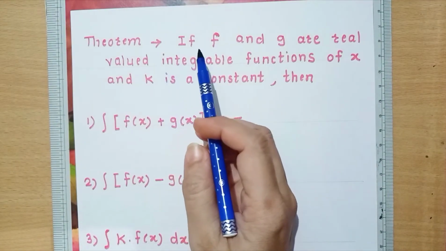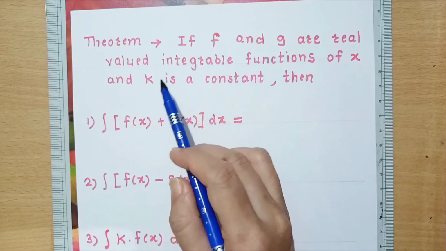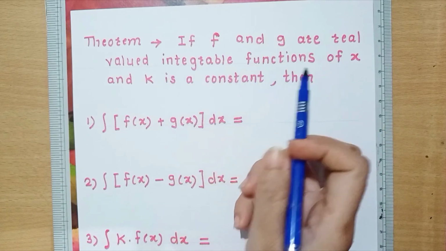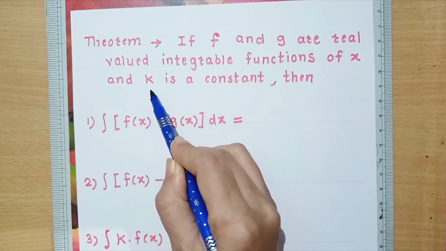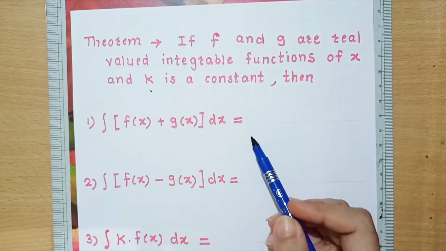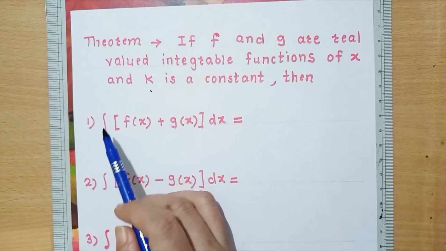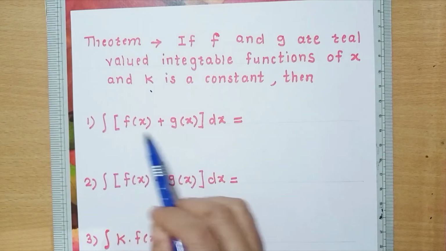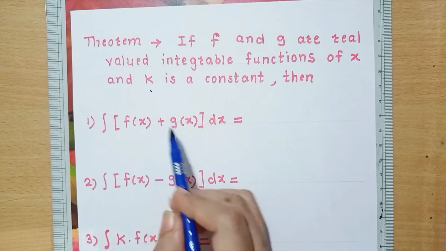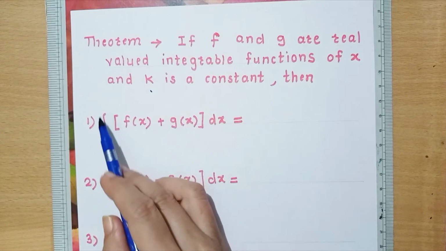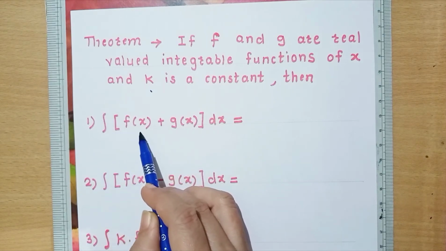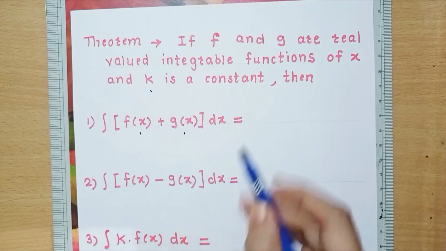Let's check the theorem. If f and g are real valued integrable functions of x and k is a constant, then now there are three theorems. First one, if there is integration of the sum of two functions, in this case we will write the integration symbol separately for this and this.